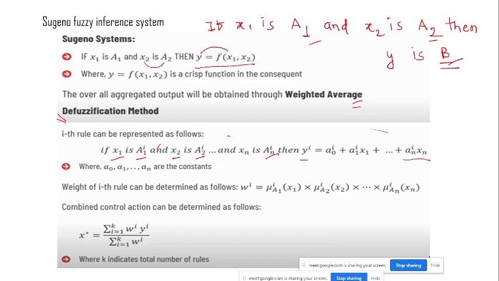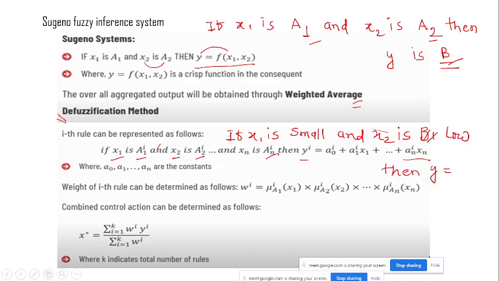So what rule am I defining here? Just try to understand. If x1 belongs to a category small and the second input x2 belongs to a category, instead of big let me consider low, then if the output is y, then y equals x1 plus x2.